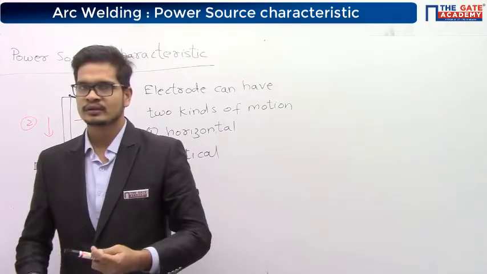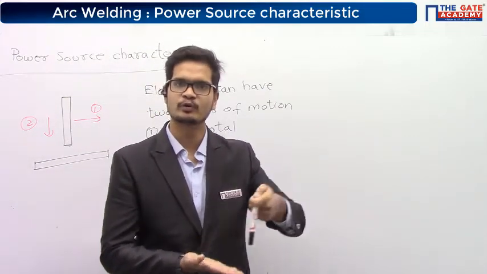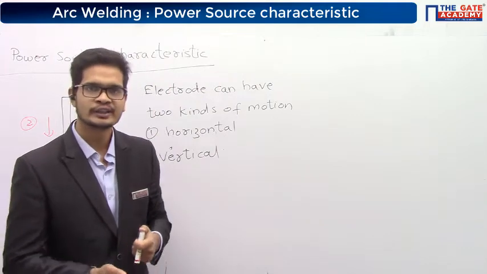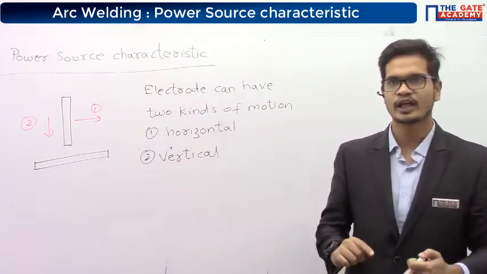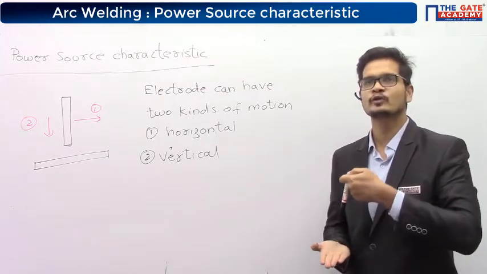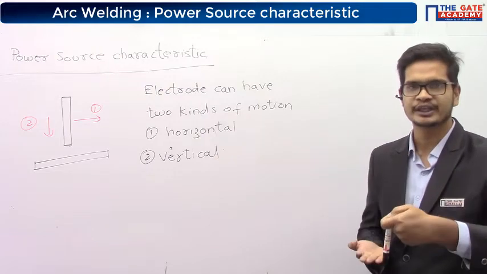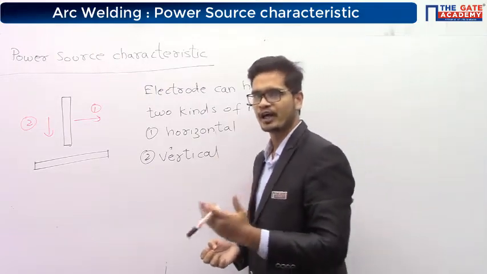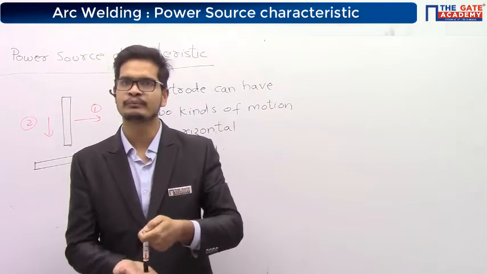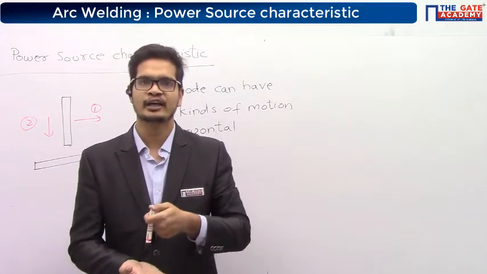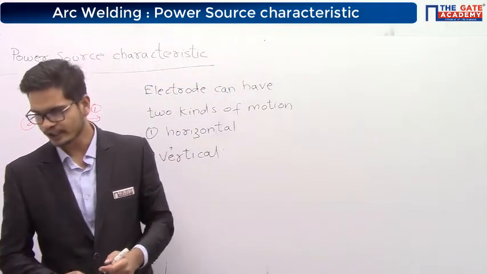Now, if both the motions are controlled by your hand, it is called manual arc welding. If both the motions are controlled by a robot or by a machine, it is called automatic arc welding. And if any one motion is controlled manually and the other one is controlled by a robot, it is called semi-automatic welding.